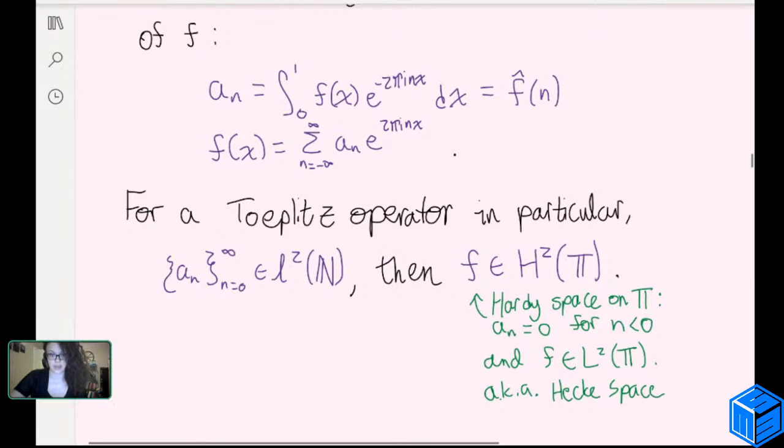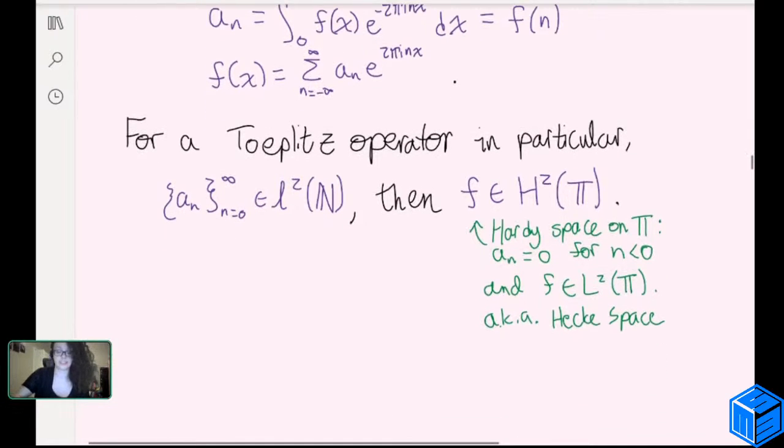And so f is in the Hecke space if it is square integrable on the circle and all of its coefficients are 0 if n is less than 0. And so then the sequence of coefficients is square summable. This is in L2 of N, and that's just making reference to the fact that we're going from 0 to infinity instead of indexing over the integers.